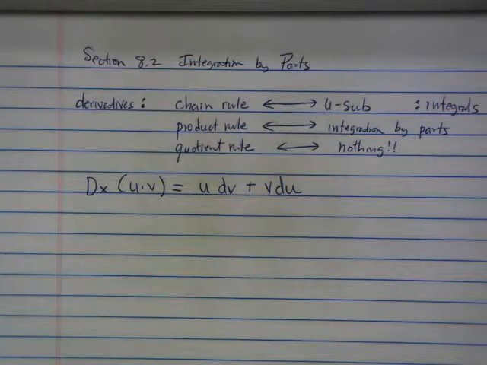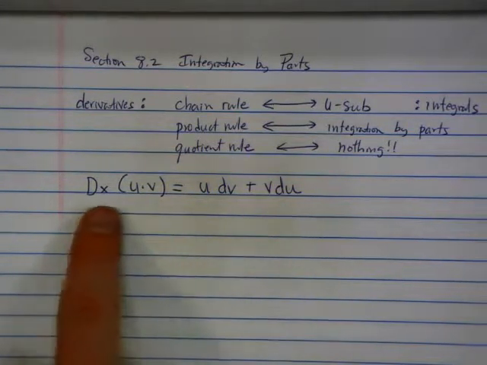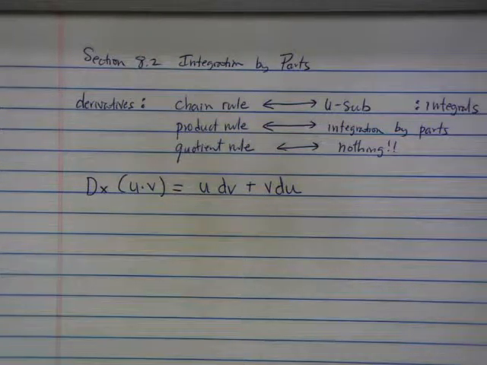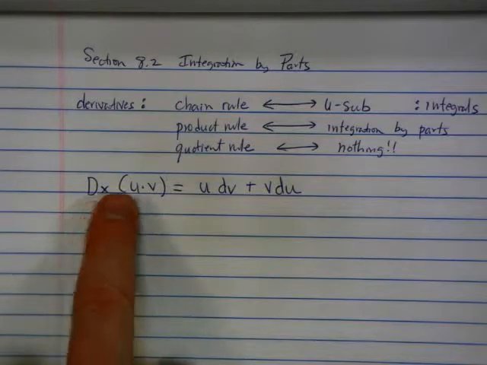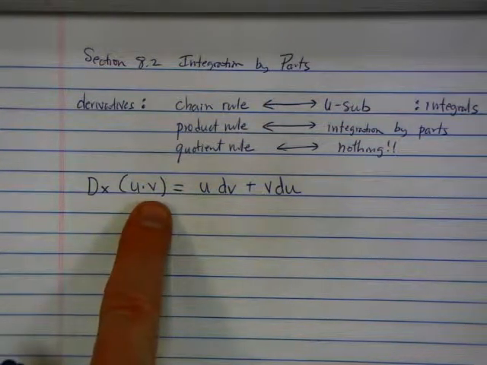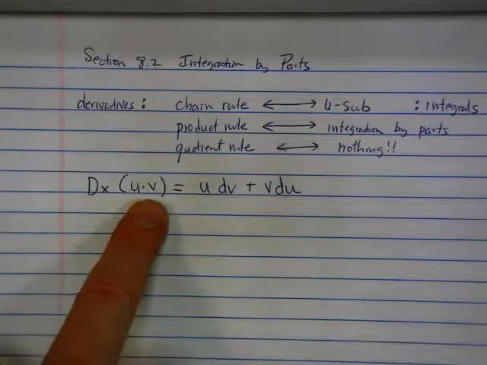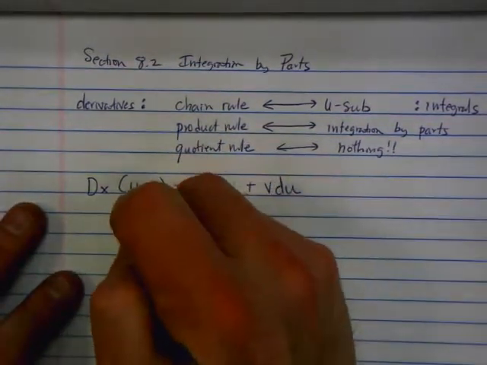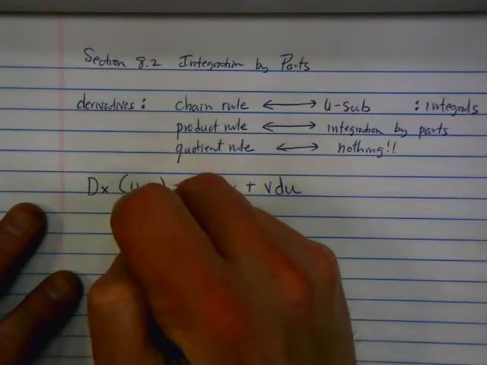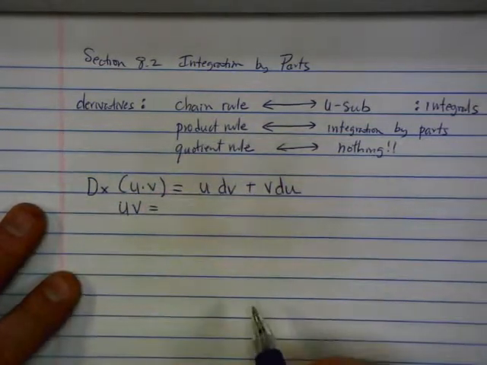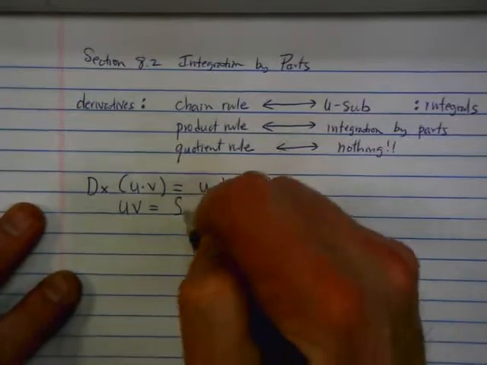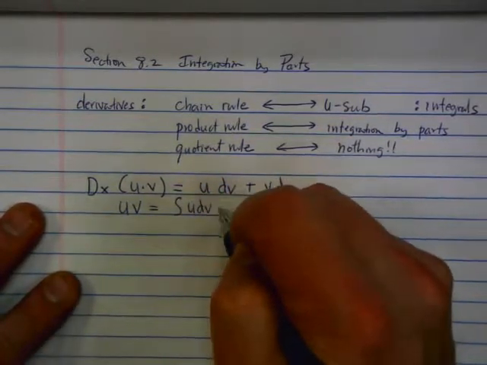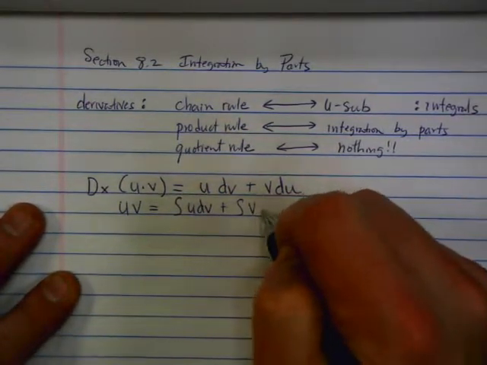What happens if I now take that formula and I integrate both sides? What's the integral of the derivative of u times v? U times v, because integrals and derivatives are inverses. So if I integrate on the left-hand side, I get u times v equals, over here, integral u dv plus integral v du.